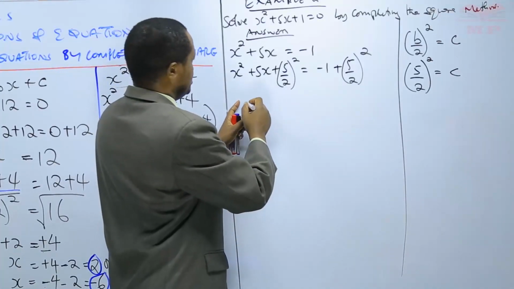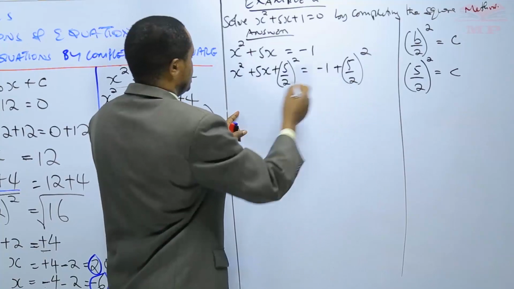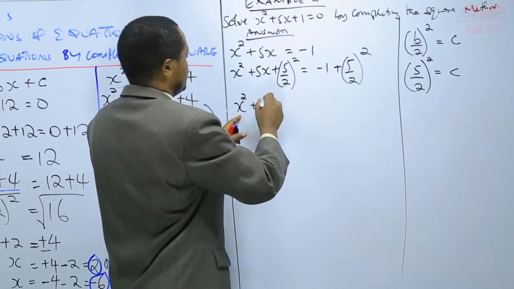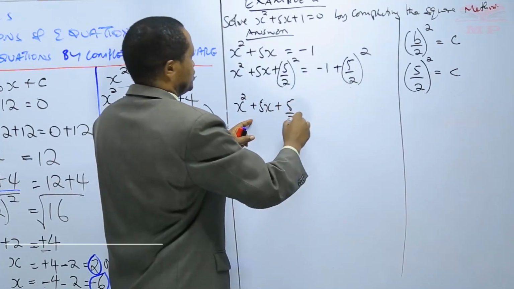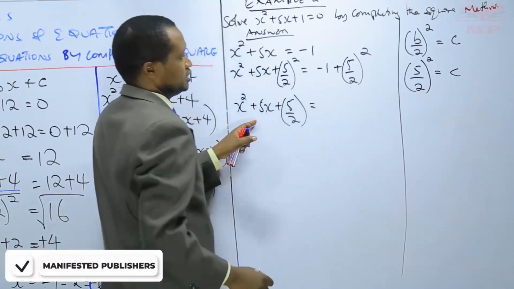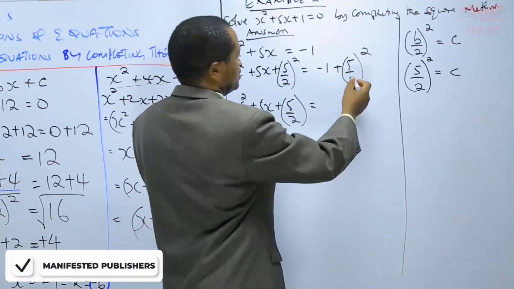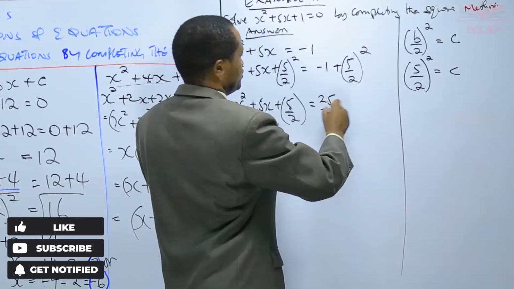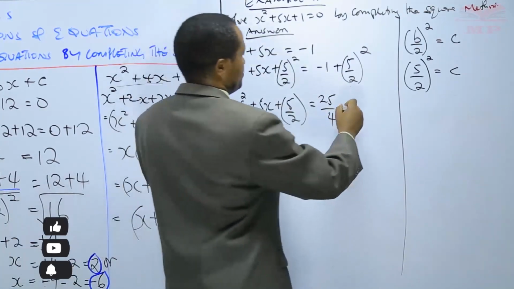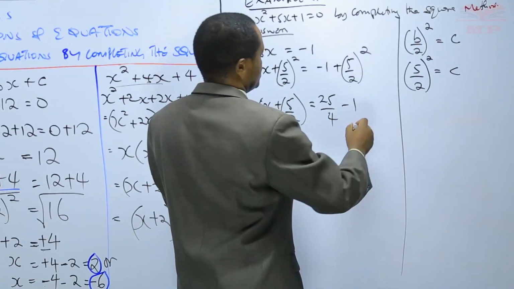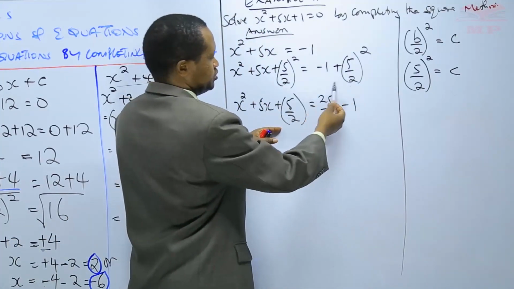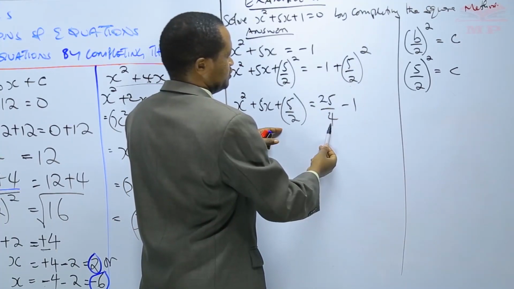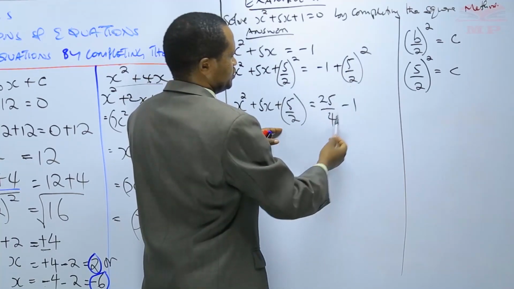Then we can simplify that. 5 over 2 squared is equal to 25 over 4, so it's positive 25 over 4 minus 1.